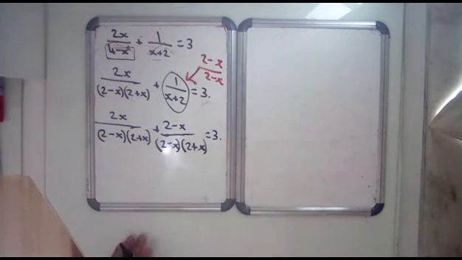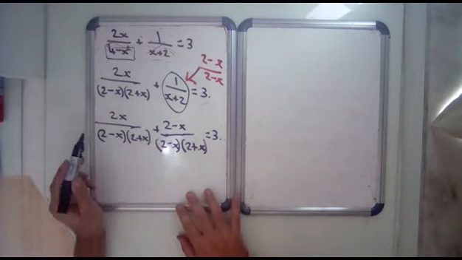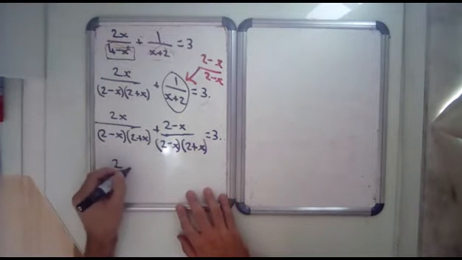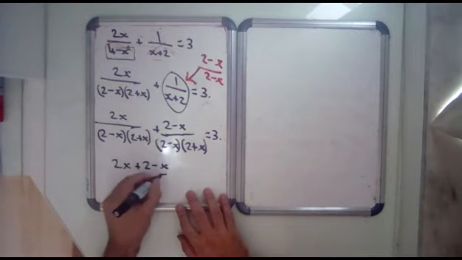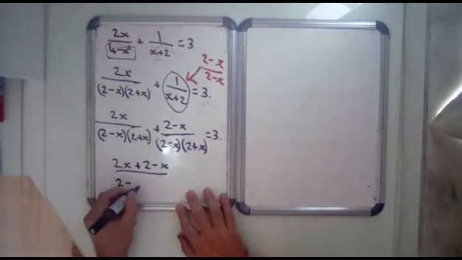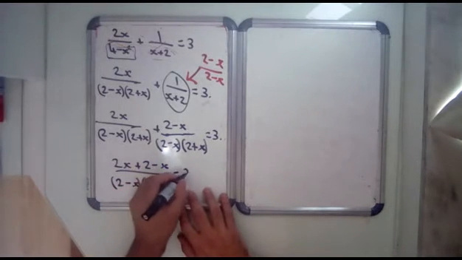Now we've got that common denominator we wanted, we can start to add these things. So just add the tops. So 2x plus 2, in fact I'll write it down. So 2x plus 2 minus x all over that denominator, (2 minus x)(2 plus x), equals 3.